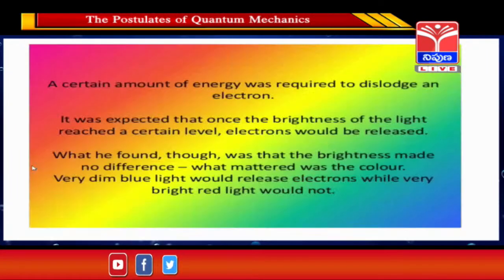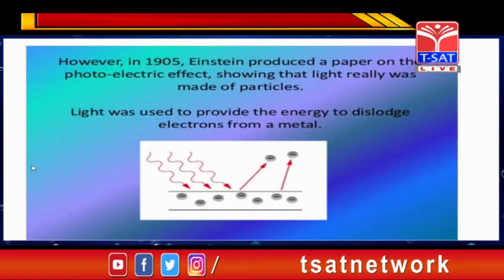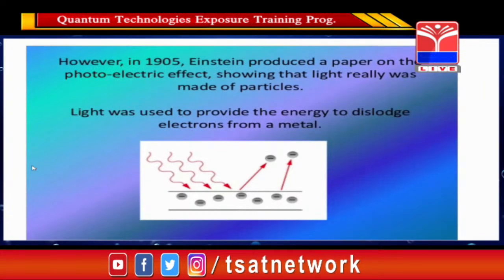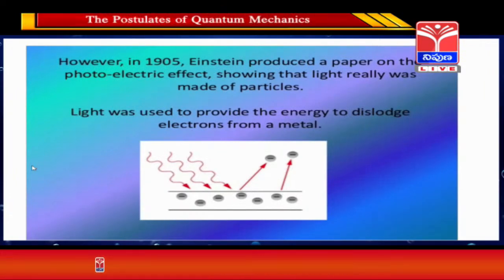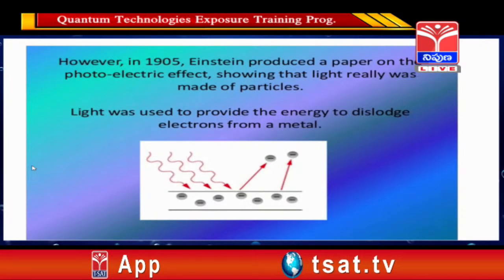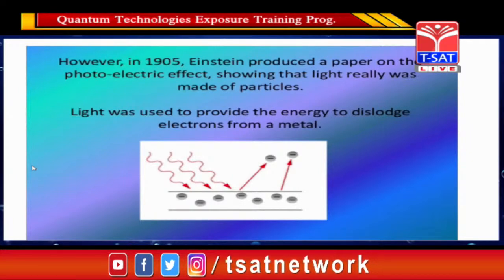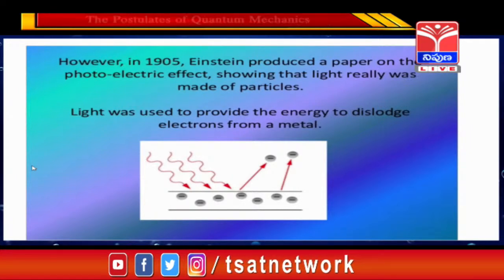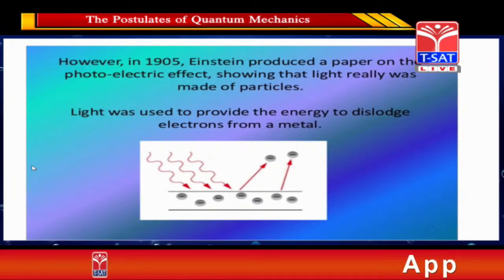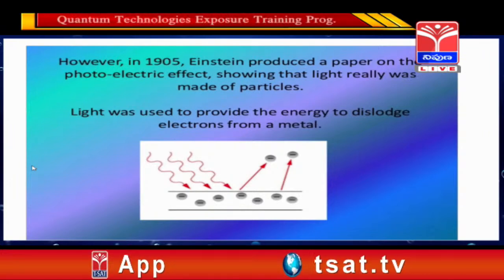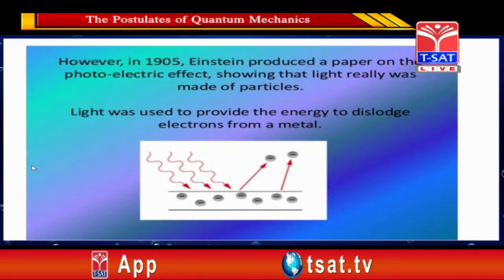What should happen? From the wave theory we understood that energy is associated with the square of the magnitude of a wave. Basically it is proportional to intensity, and intensity is proportional to the amplitude squared, or technically the magnitude squared of the amplitude.